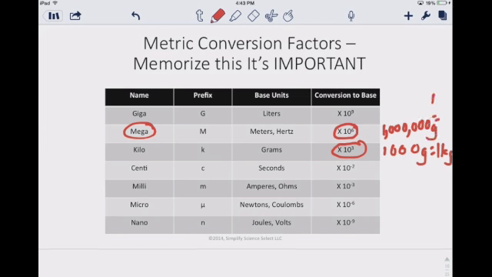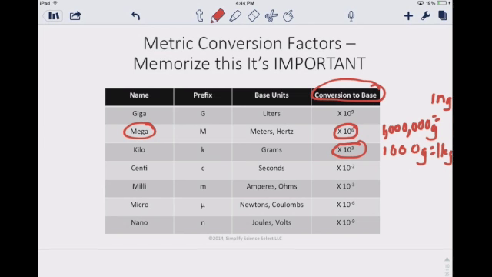Okay, it's a million times greater. This is just how we convert to our base unit. That's what our base unit will be for one of these. And our micro anything, say microgram, is going to be a million times smaller than our base unit.